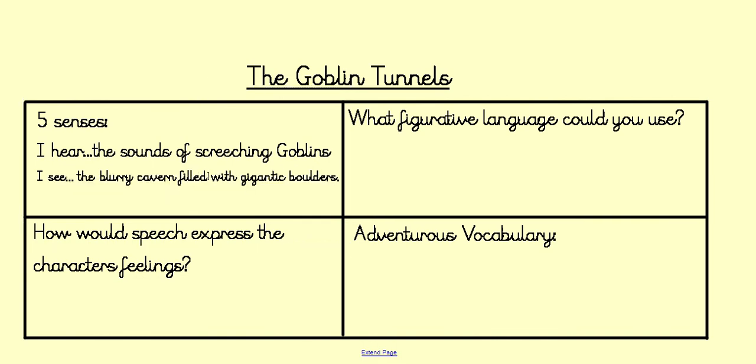And there you can see I've written it now. I see the blurry cavern filled with gigantic boulders. And then I also want you to think about the other 5 senses. So, what can you taste? So, I taste. What can you smell?